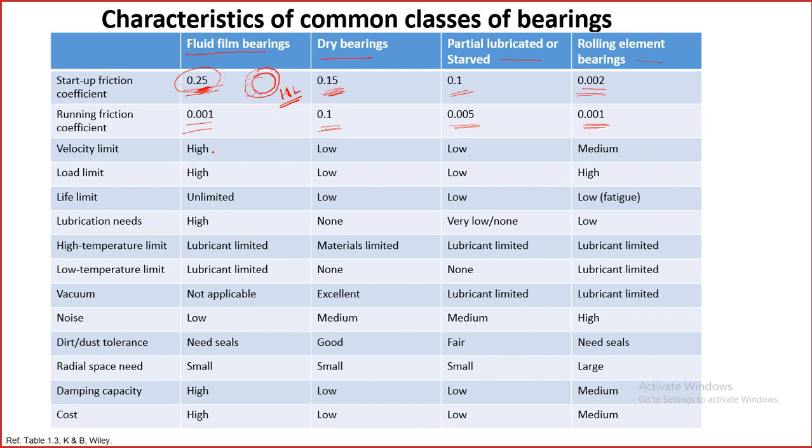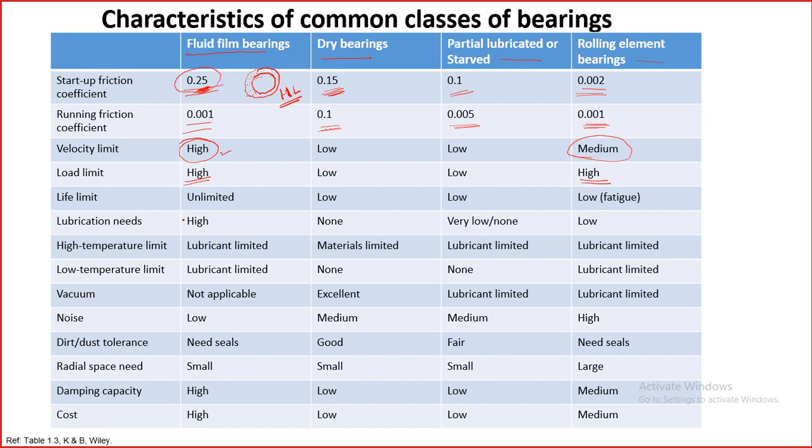With regard to velocity limits, fluid film bearings have very high velocity limits, so they can operate at very high speeds, which is not true with other bearings. The rolling element bearings can also run at medium speed. Load limits, also very high, and here also very high.